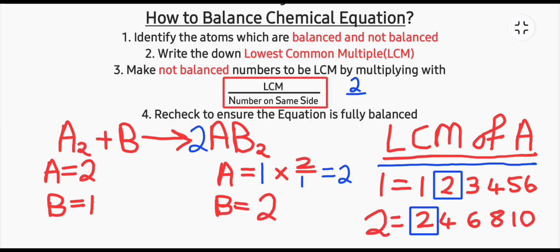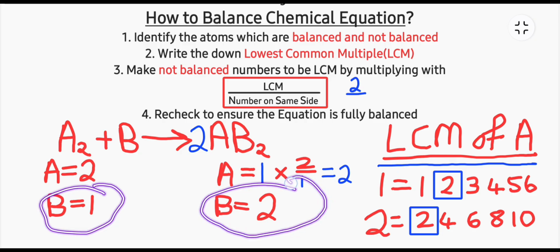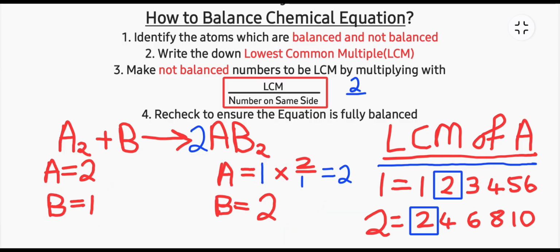And after that, I would be aware of my B. If I recheck, the A's: the A is 2 on both sides, that is fine. The B is 1 on the left, but on the right the B is no longer 2, it will be 4, because if you check we multiplied by this 2 to make 2A. So it means on the right hand side I am no longer having 2, but I am now having a 4 there.